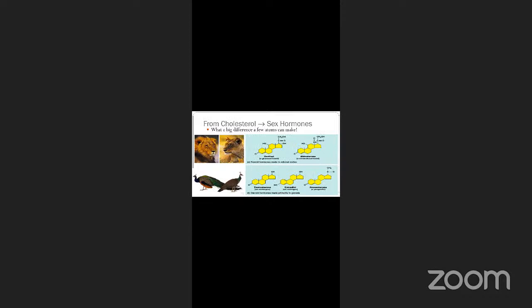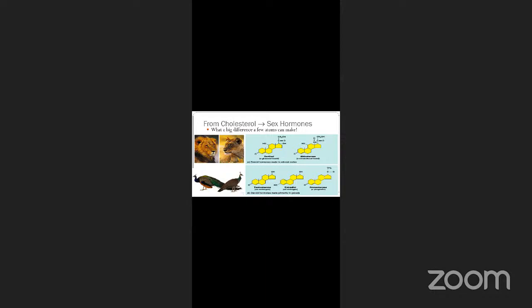Then apart from these, what is their importance as sex hormones? These hormones are related to gender. The gender differentiation is again based on the hormones. Here you can see testosterone, estrogen, progesterone.